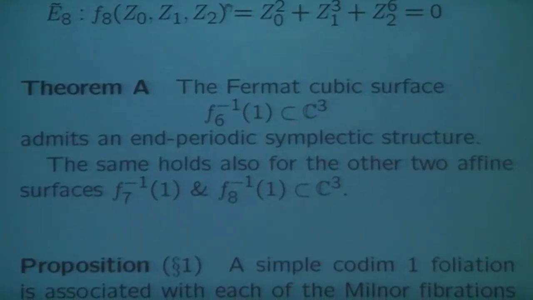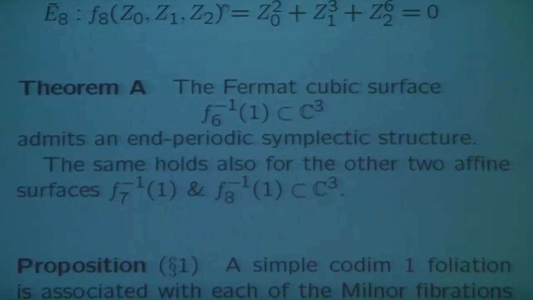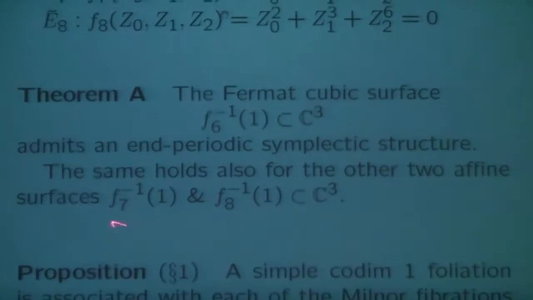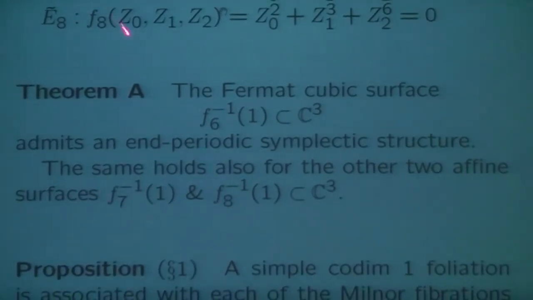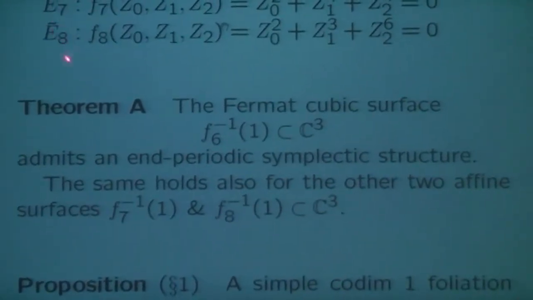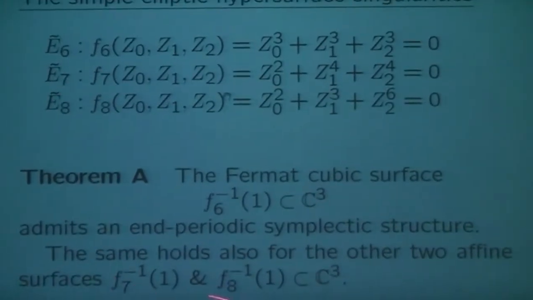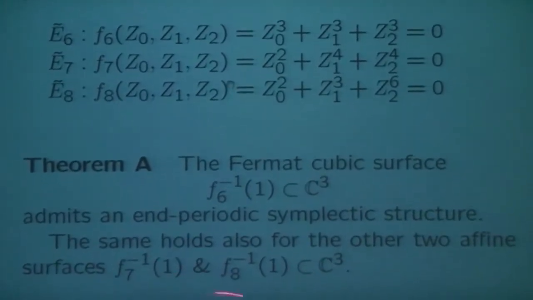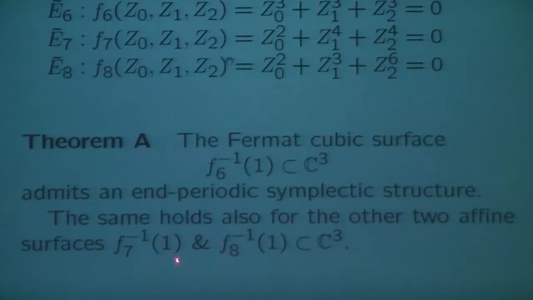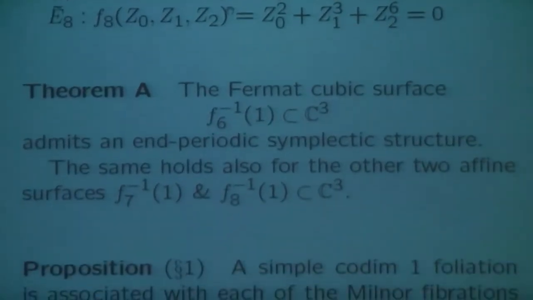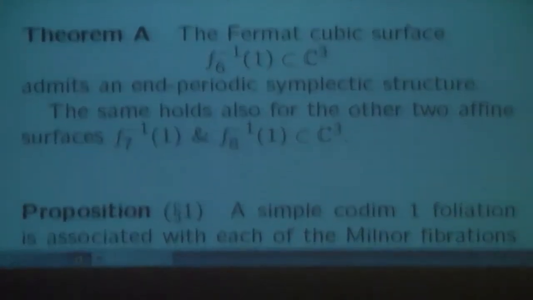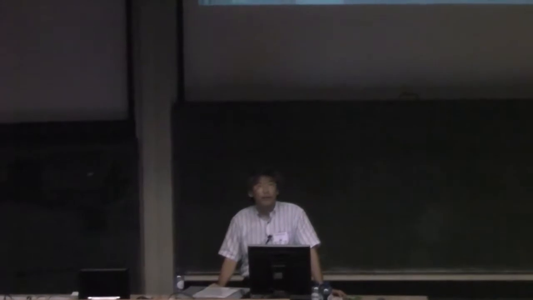So this is the real part of my theorem. And the same applies to the other 2 polynomials, E7 and E8. If you take the inverse image of the regular values, then those affine surfaces also admit symplectic structures which are periodic in their ends.